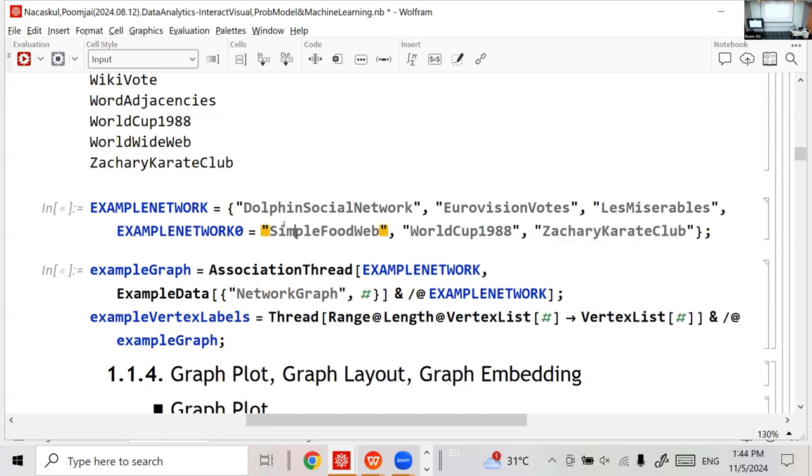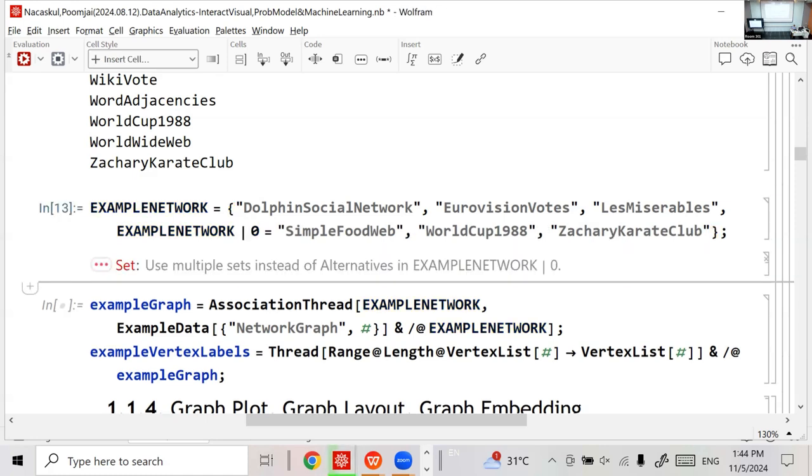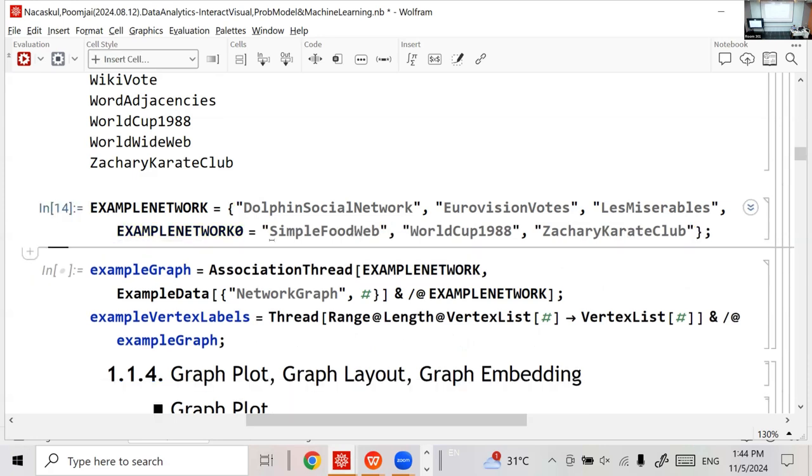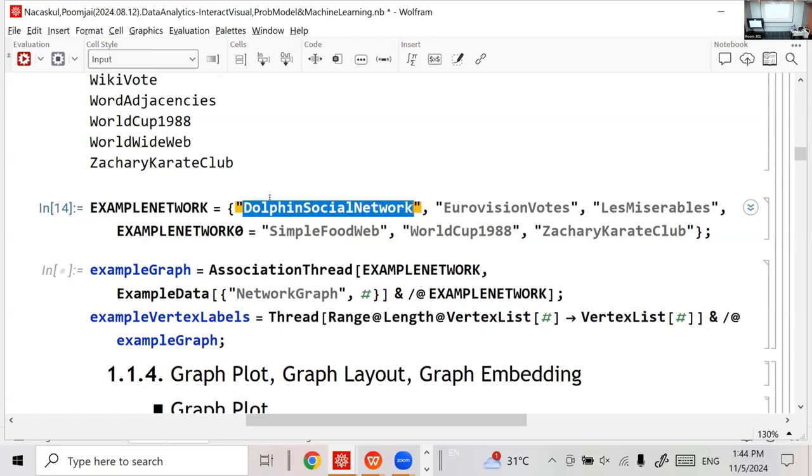Now, I happen to name this food web example network 0 because this is the one I'm going to use a lot. So now that's the data. Technically speaking, I haven't got a graph yet, right?